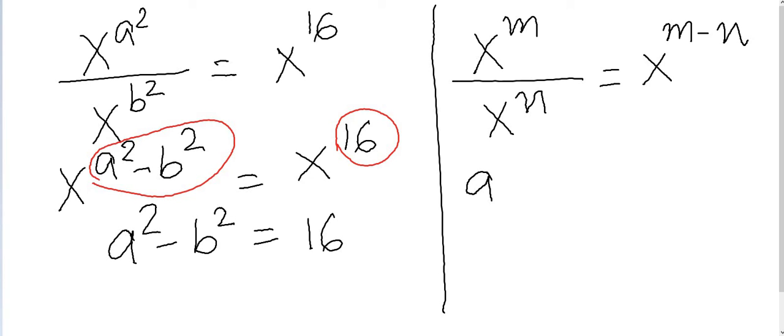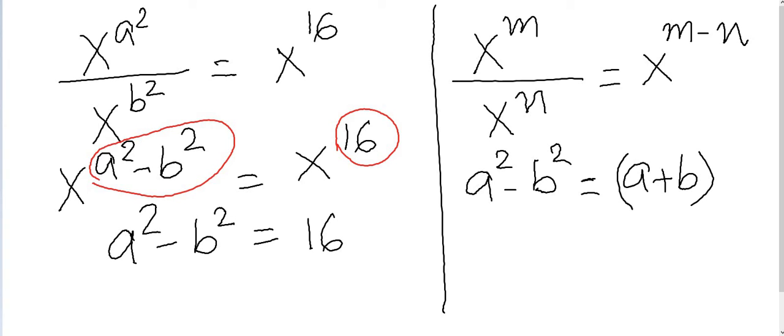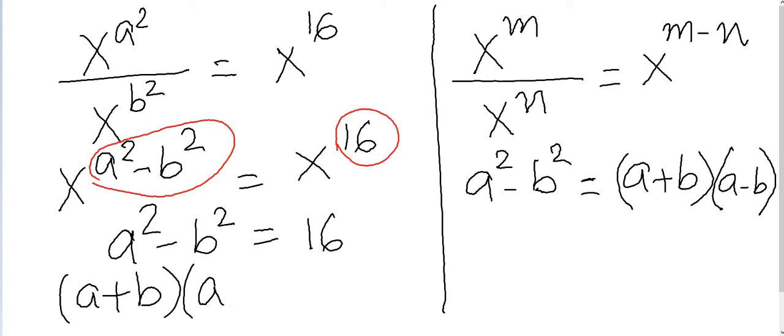Alright, so now you have a square minus b square equals 16. And what is a square minus b square? That's another important formula: a plus b multiplied by a minus b. So a plus b multiplied by a minus b is equal to 16.